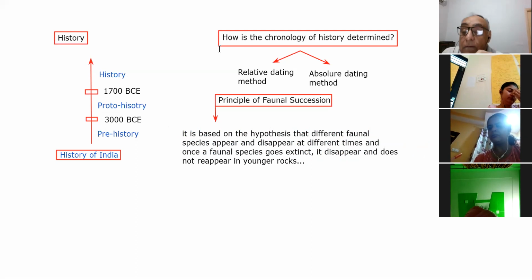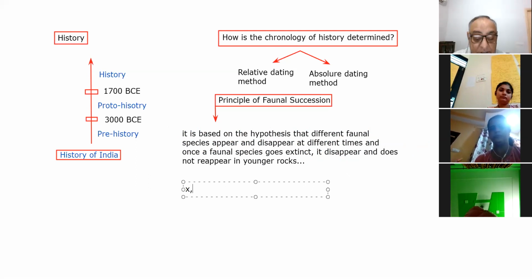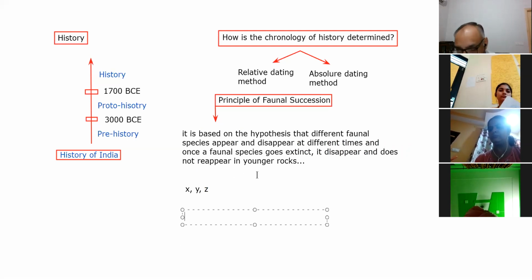It means there are different species, let's suppose species X, species Y, species Z. So X, Y, Z appear at different times. And when X got extinct, its fossils will be found in the rocks of that time only.